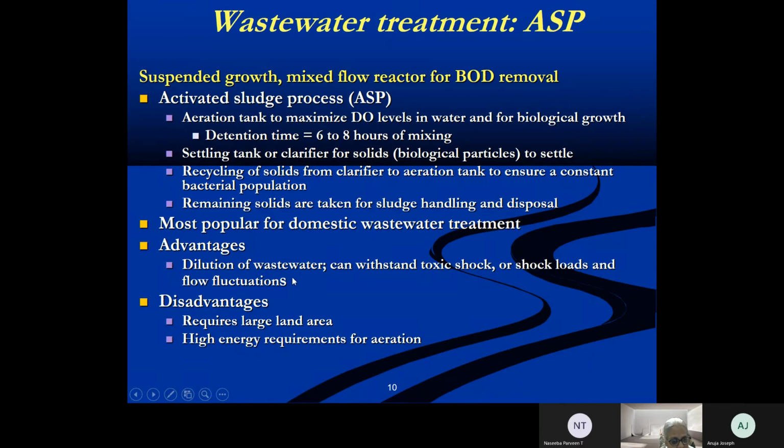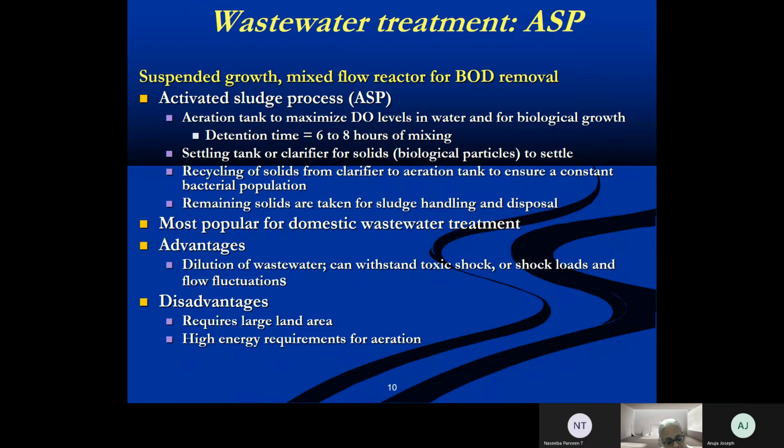The first thing is dilution. Now, remember that the seasons change, and when the seasons change, the amount of wastewater coming in is going to vary. So if you look at the annual variation in wastewater loading in terms of volumetric flow, there is a huge amount of flow fluctuation. So the flow will fluctuate throughout the year, from summer to monsoon to winter.